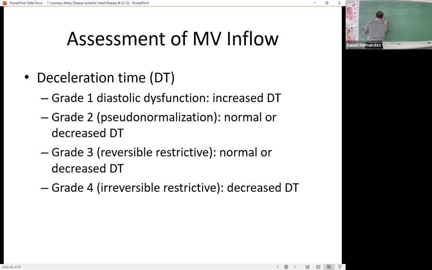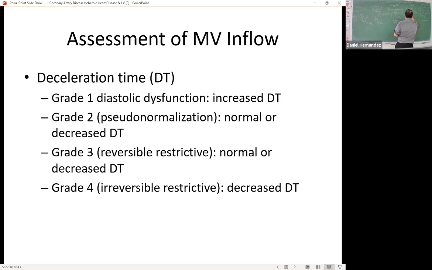So it's greater than 140 still. With pseudo-normalization, deceleration times are still going to be greater than 140.